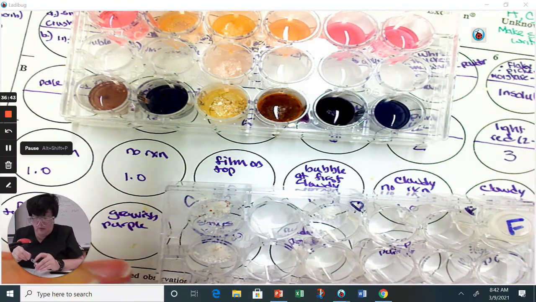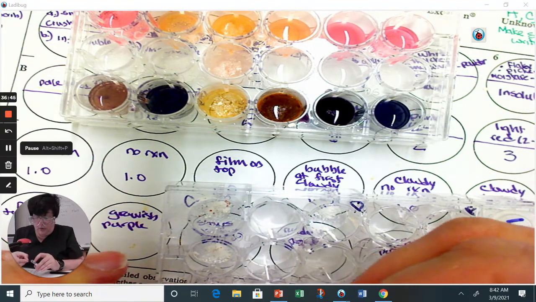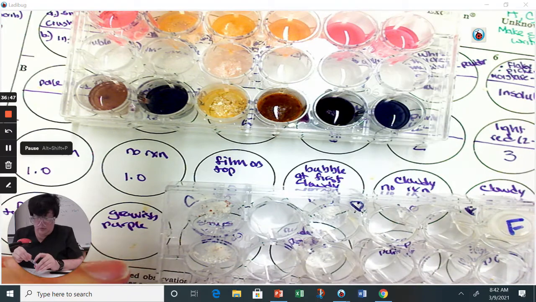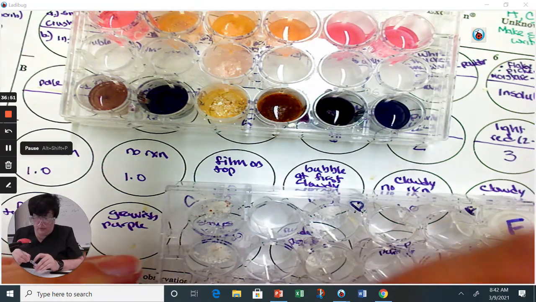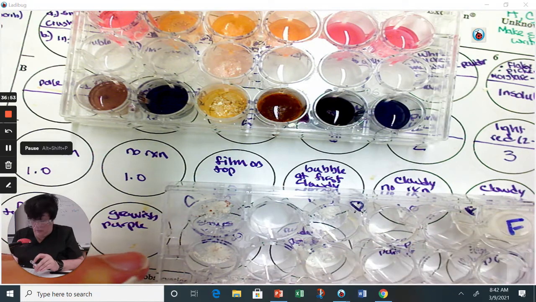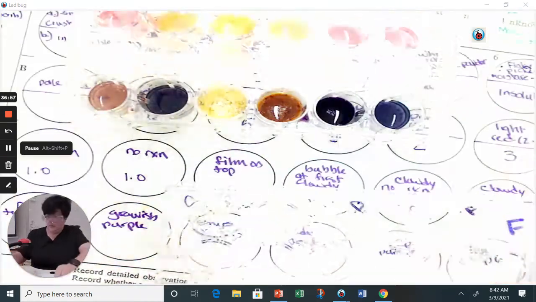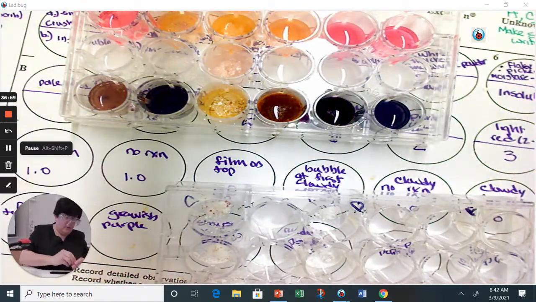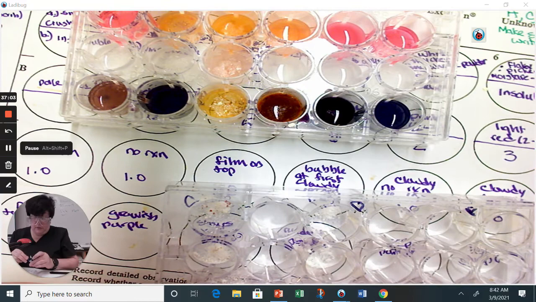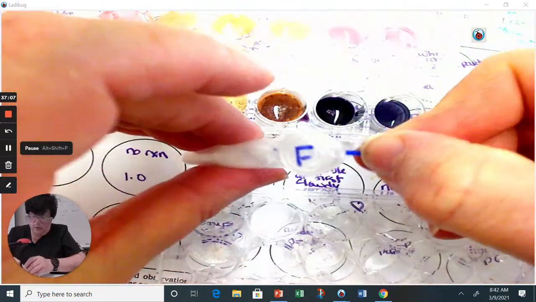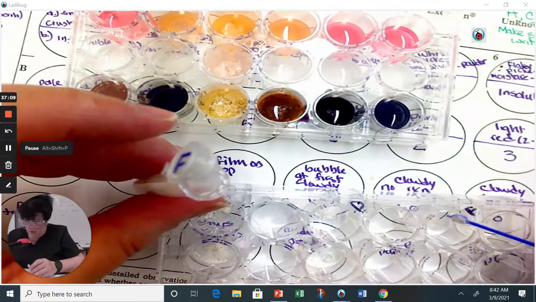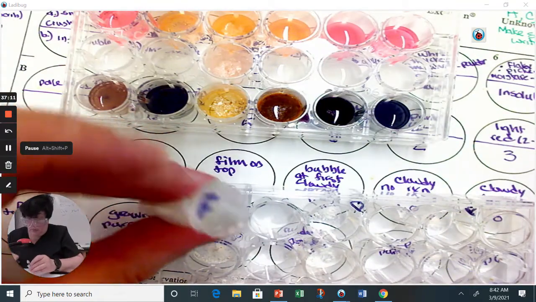Unknown D, very grainy powder. And I'm just going to verbally tell you what I see. I'm not going to fill in another data table for you. So unknown D was a real fine powder once it was ground. And unknown F, let's see what that one looks like. That's also pretty powdery.